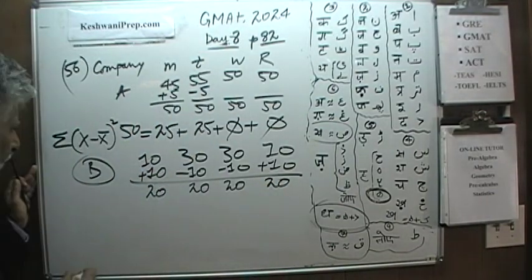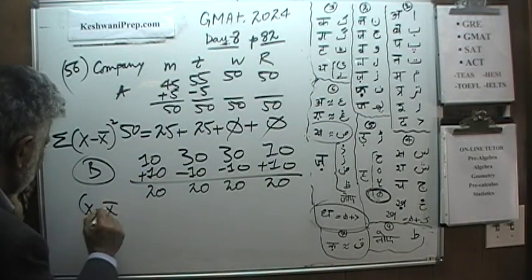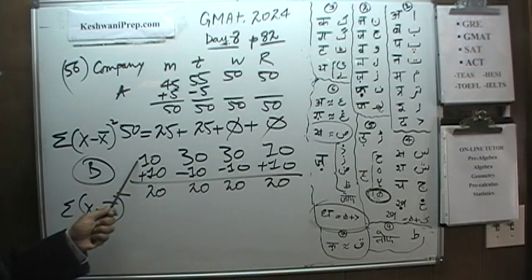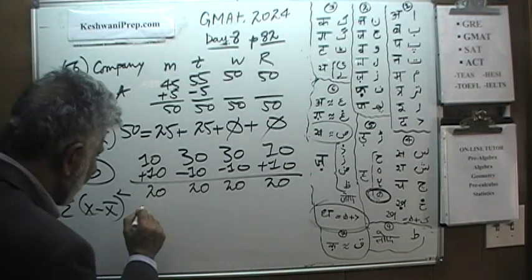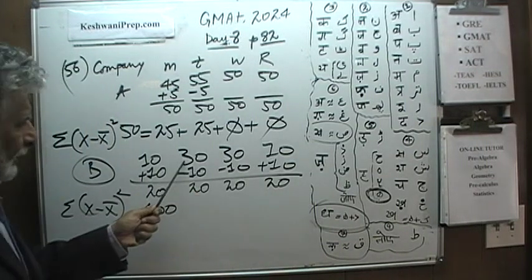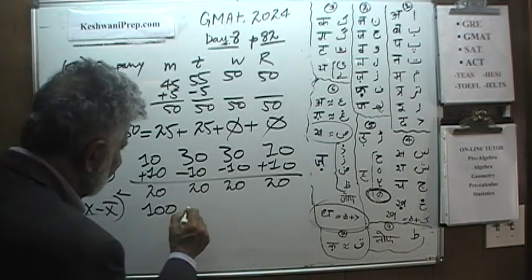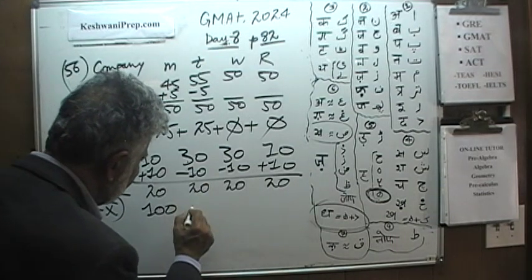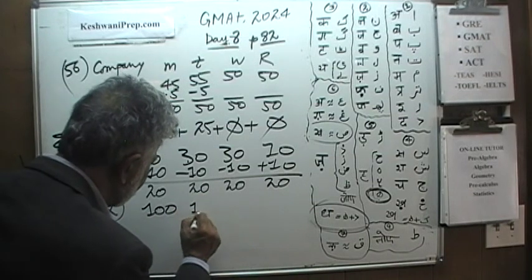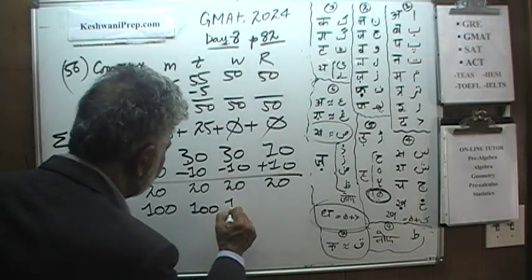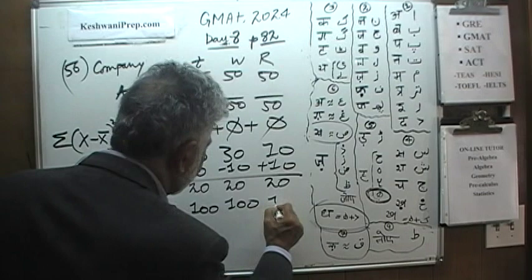That's the mean. X minus x bar: 10 minus 20 is 10. When you square it, it becomes 100. This is 20. 30 minus 20 is 10. When we square it, it becomes 100. This is 100, and that's 100.